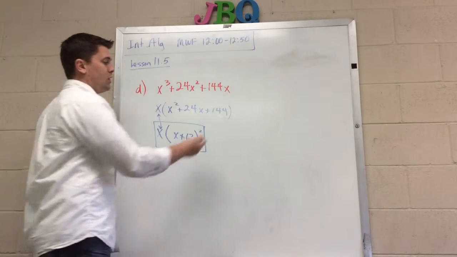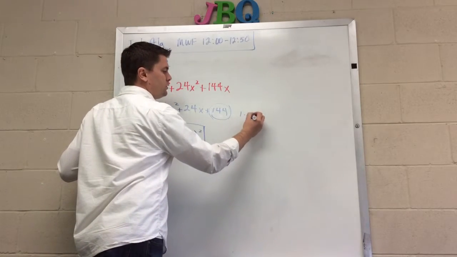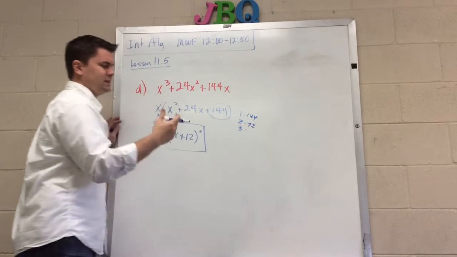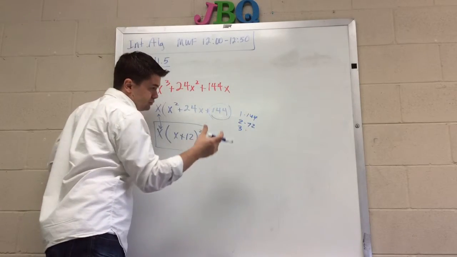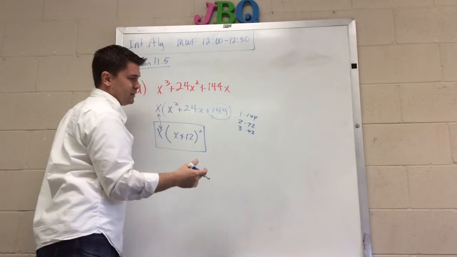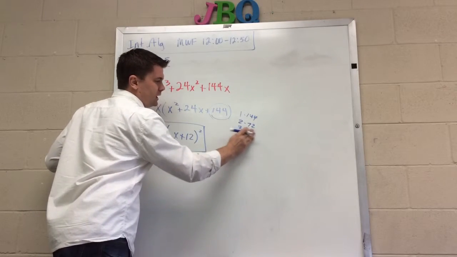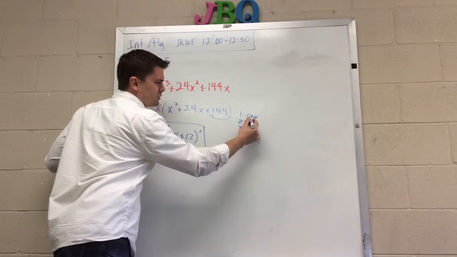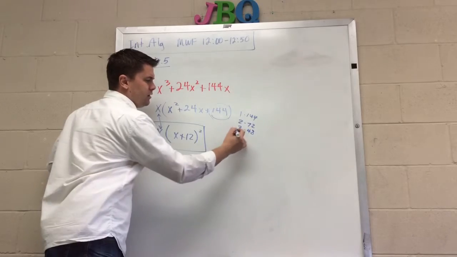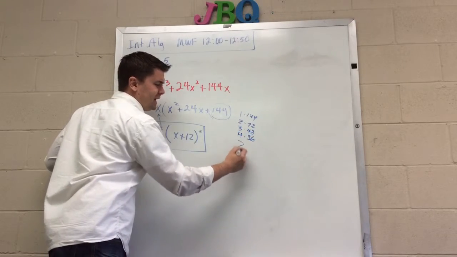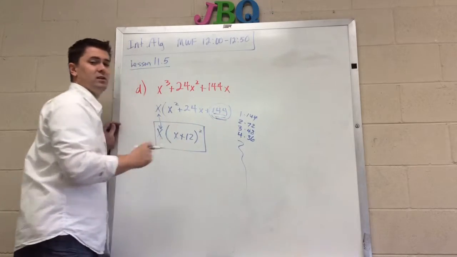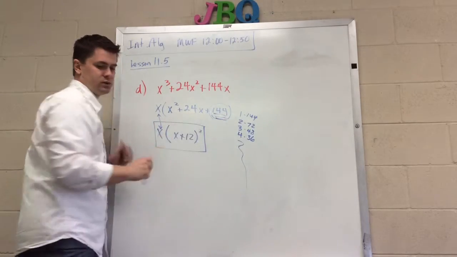So far, you can always go back to the old way. 1 times 144, 2 times 72, 3 times 48, 4 times 36, and go on down the list. But man, I've got to tell you, this is a lot faster if it follows that pattern. Okay, perfect square trinomial.